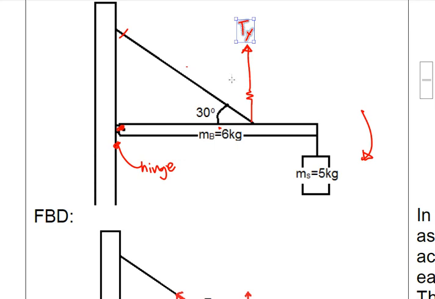So I have here Ty, and this Ty, if we go back to what we had, will cause rotation. If we remove this mass, then it will cause rotation. That rotation will be counterclockwise, while this one will cause a clockwise rotation.